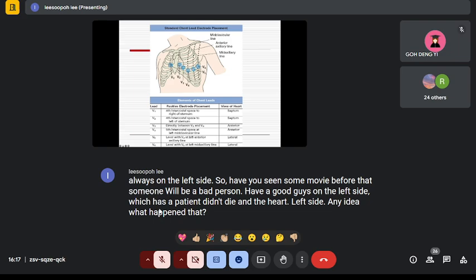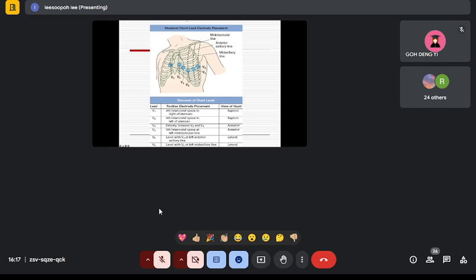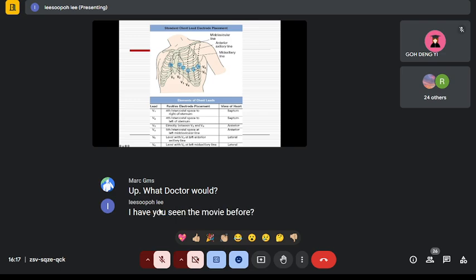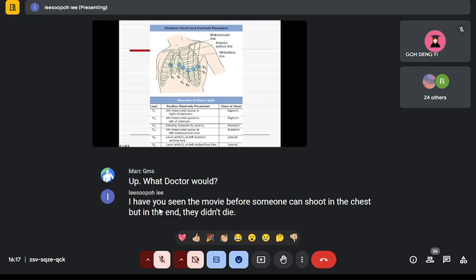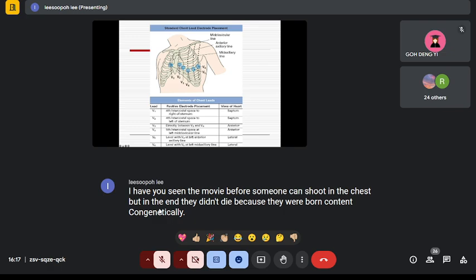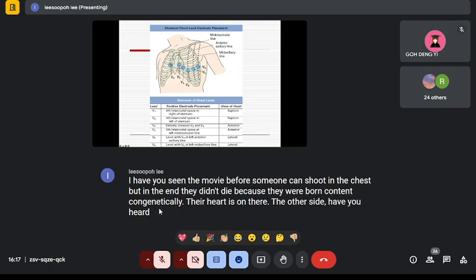Someone gets shot in the chest but in the end they don't die because they were born congenitally with their heart on the other side. Have you heard of some story like that before?